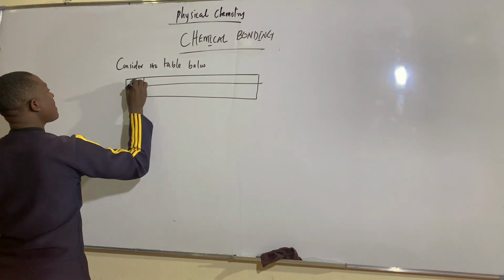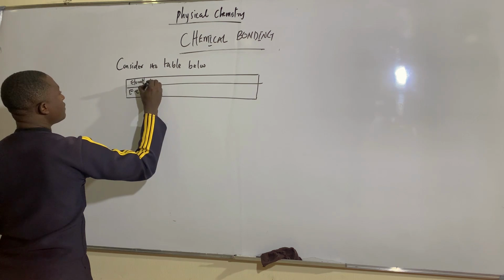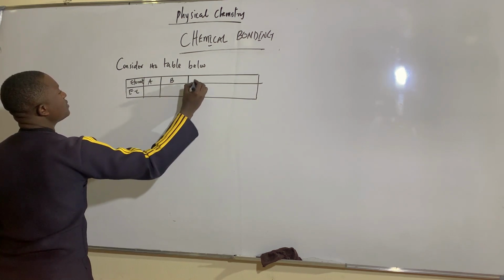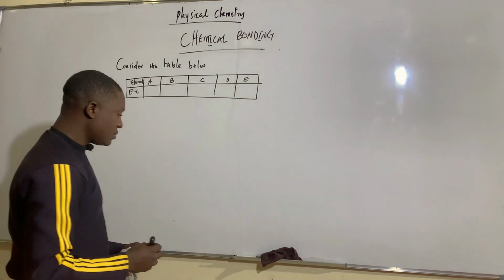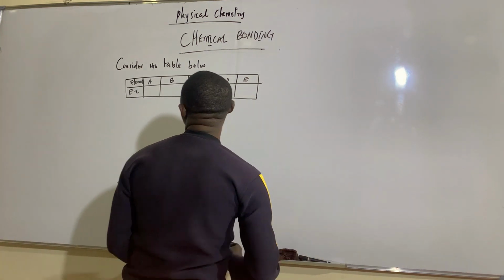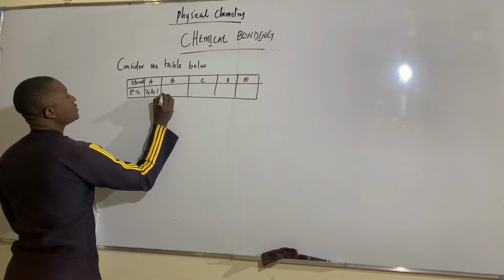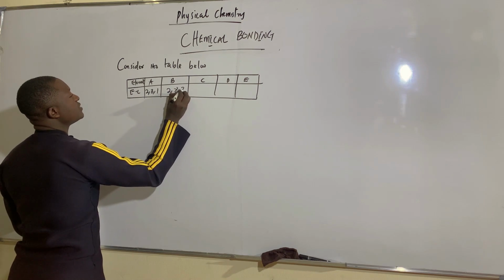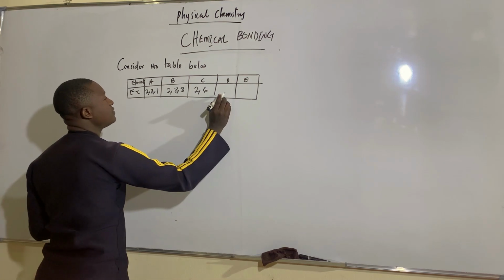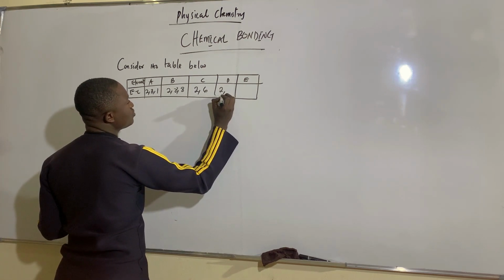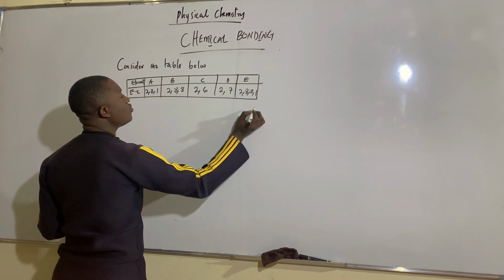Element, electronic configuration. We have A, B, C, D, and E. Here we have 281, here we have 288, here we have 26, here we have 27, and here we have 2881.